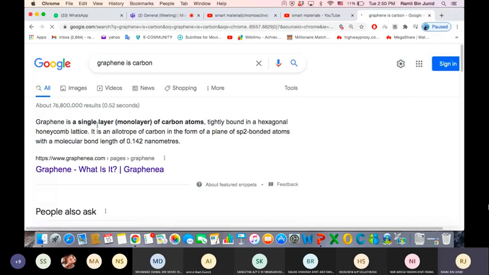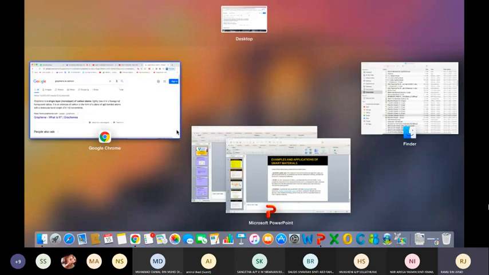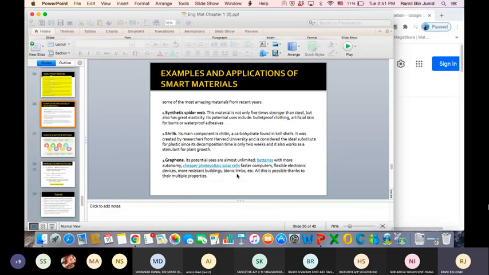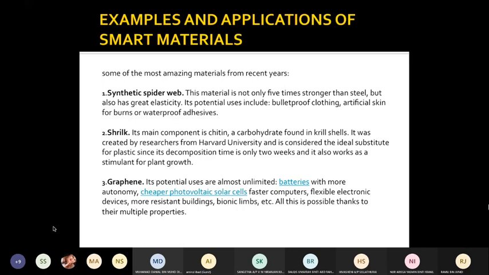Okay, graphene is a carbon atom. That is why graphene appears black in color, because it is carbon. So it is combustible. The reason why graphene can be a suitable candidate to make batteries, to replace lithium ion, is because they discovered that graphene has high capacitance.